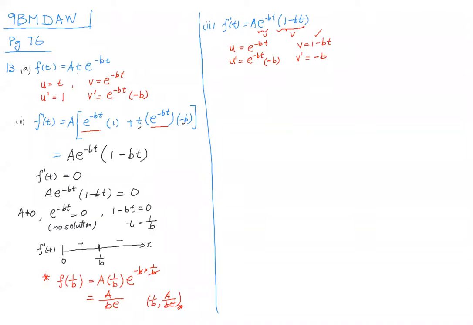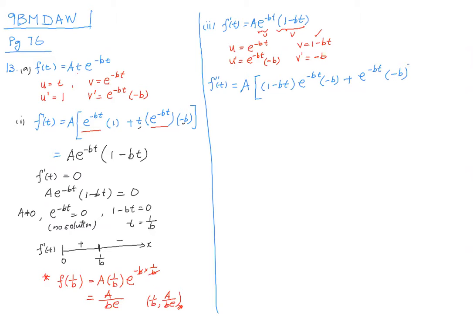Okay, we are done with that. So we put into our product rule, f double prime t equal to, remember to put the a, v, remember to put in the bracket, u prime, plus u v prime.